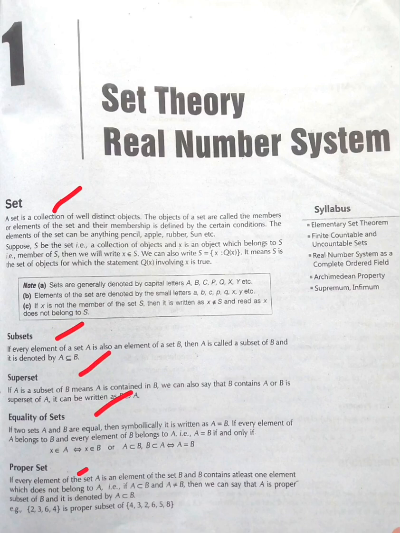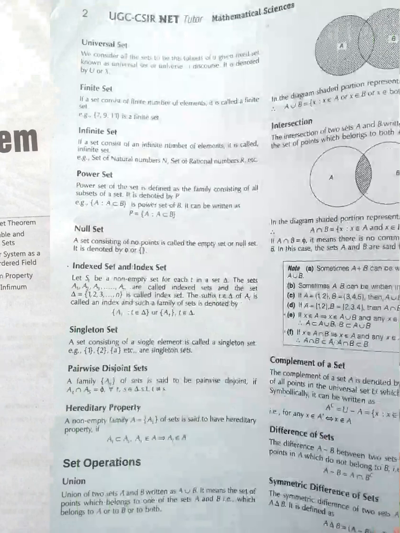And after that we have universal set, finite set, infinite set, power set, null set, index set and indexed set, singleton set, pairwise disjoint sets, hereditary property, union, intersection, complement, difference, symmetric difference of sets.